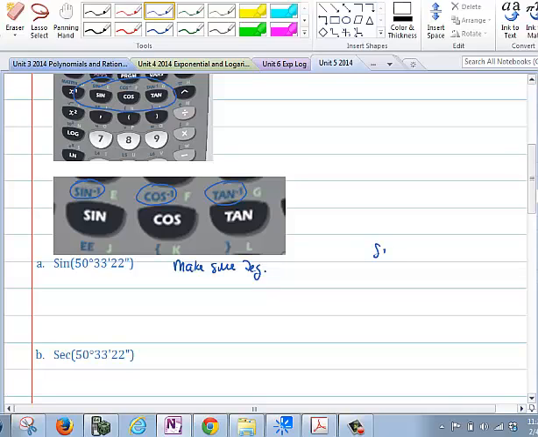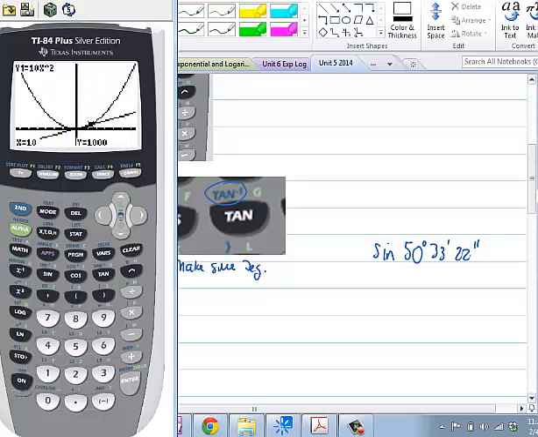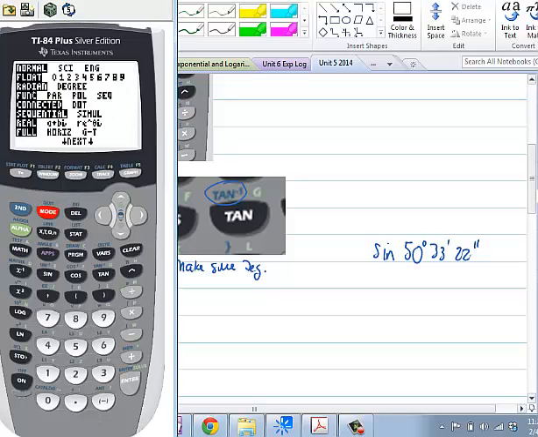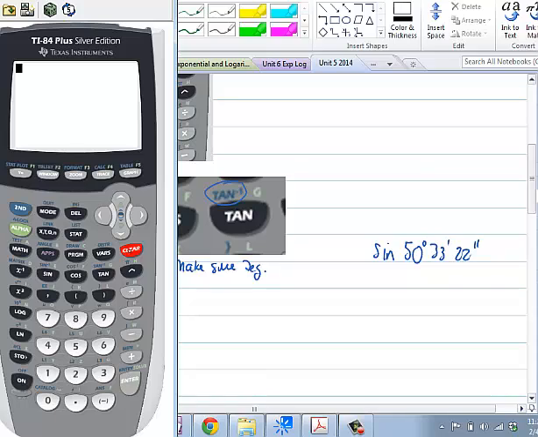Over here, I'm going to write sine of 50 degrees, 33 minutes, 22 seconds. When I go to the calculator and check the mode, notice I'm in radians, so I want to switch that to degrees. That's something you should always do when you grab a graphing calculator. Switch to degrees, go back to the home screen, and clear out what's on there.